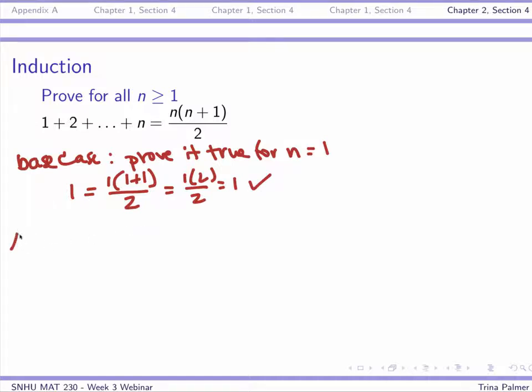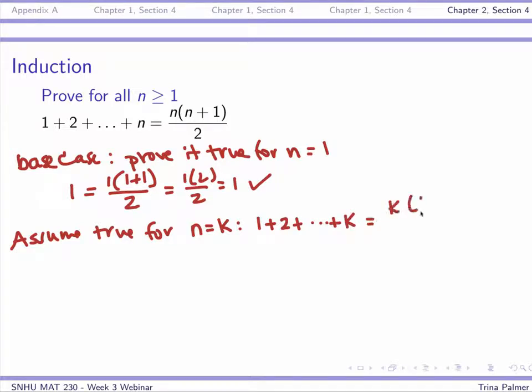The second step is to assume it's true. Assume your statement is true for some place and time, at some point, and we usually say at k. So assume it's true for n equals k. That would mean we assume that 1 plus 2 plus ... up to k is equal to k times k plus 1 all over 2.